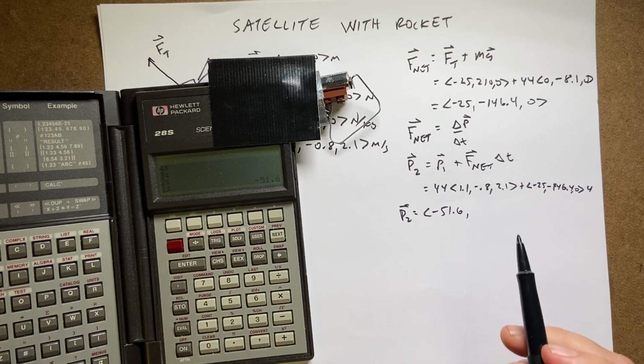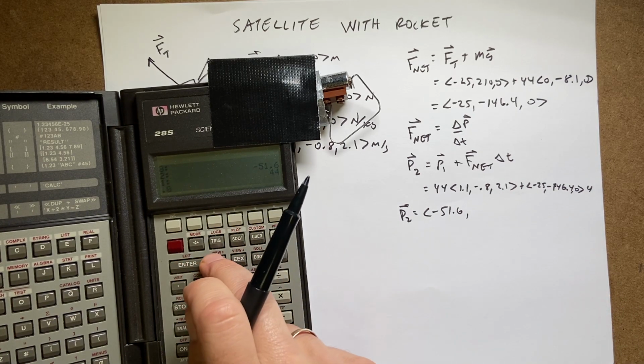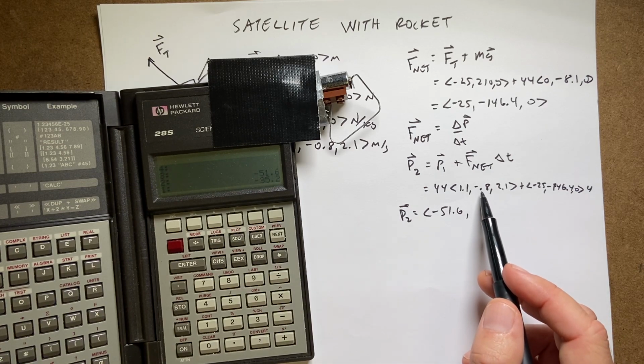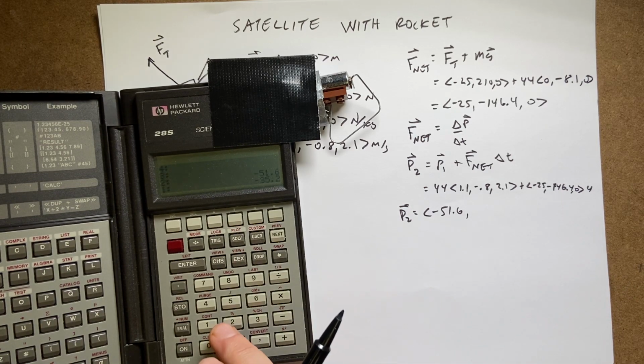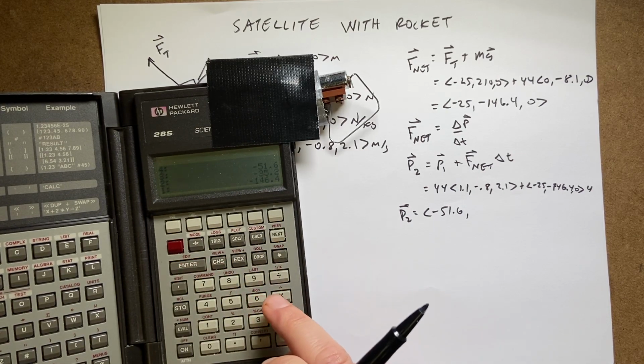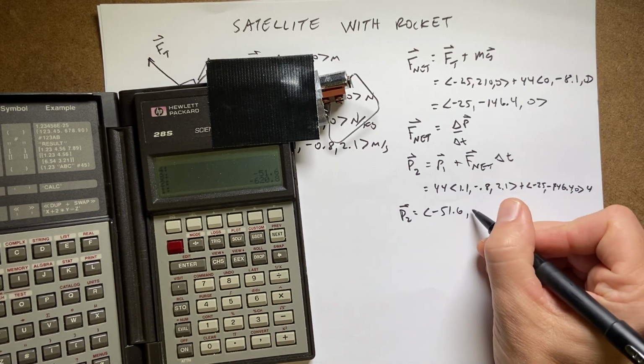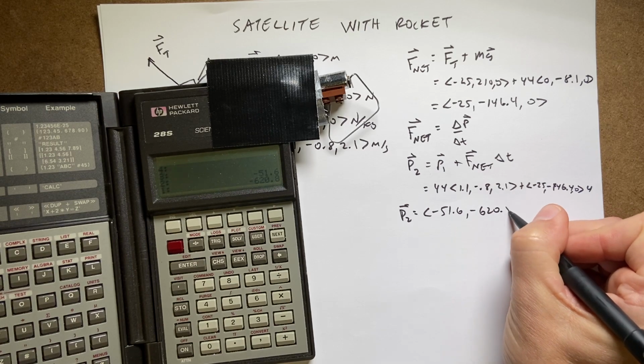Now for the y-coordinate, I'm going to have 44, enter, 0.8 change sign times. Then I'm going to have the negative 146.4 change sign, enter, 4 times, plus. And I get negative 620.8.